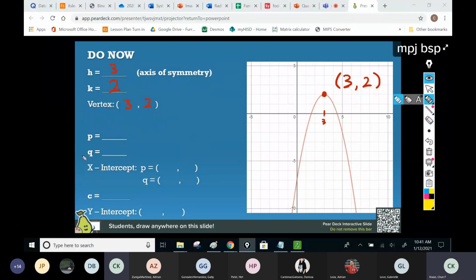And then the x-intercepts, the P is right here and the Q is right here. So just estimate. This is around maybe 1.5 and 0, and the other one 4.5 and 0.